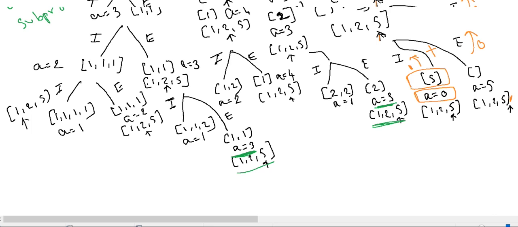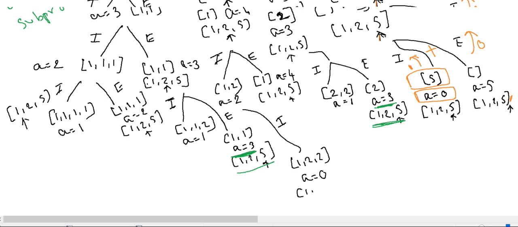Now again, we are here. My pointer is pointing to 2 and we are here. So I'm going to do include. When I include 2, I will have 1, 2, 2, and 2 again, and my amount will be equal to 0.